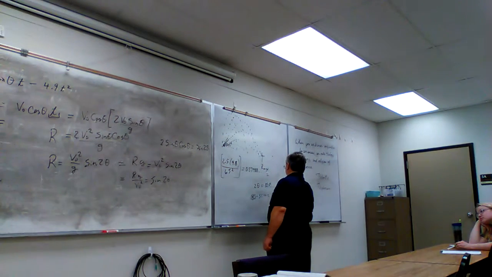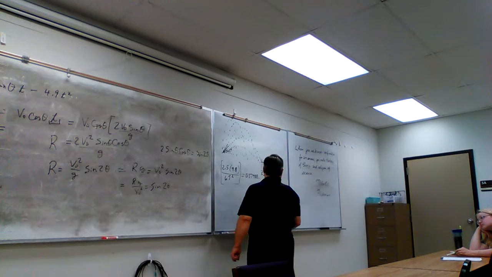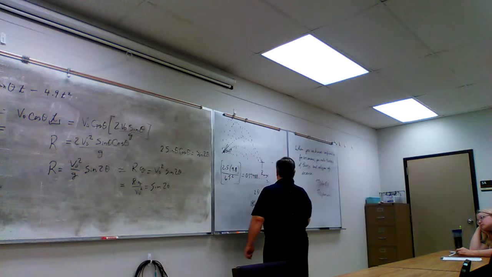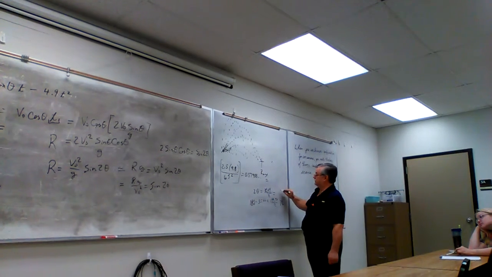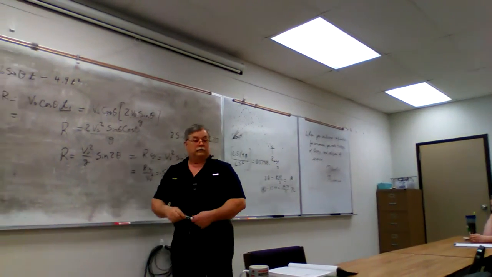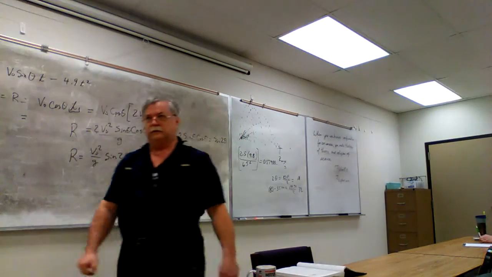Something like that? Okay, now divide those by 2. 72, and what was the first one? 18 and 72. Does that compare with the book? Okay. We got there.